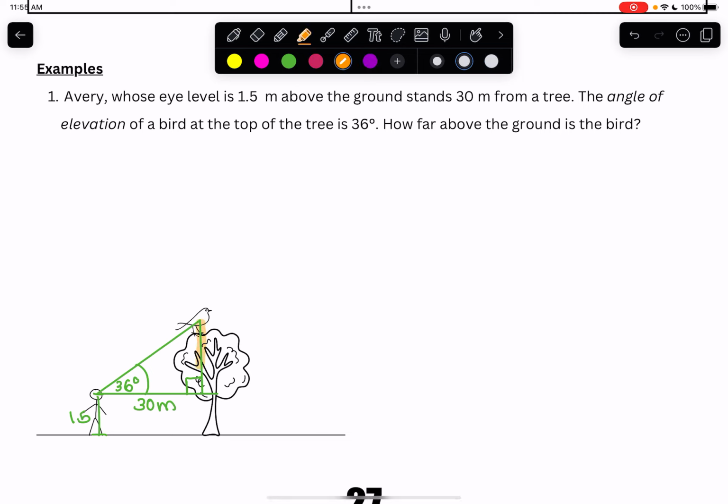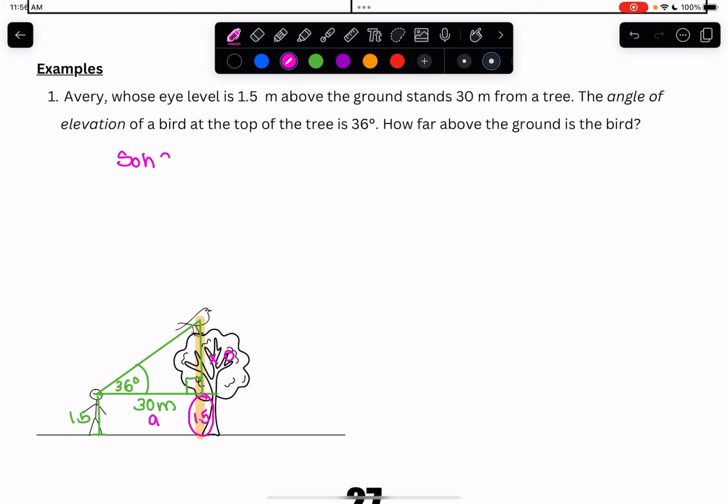So we're looking for this whole distance, the vertical distance. This is what I'm looking for. Then I also have to remember that this is 1.5 because Avery is 1.5 meters above the ground. So if I look at 36 degrees, 30 is my adjacent, x is my opposite.